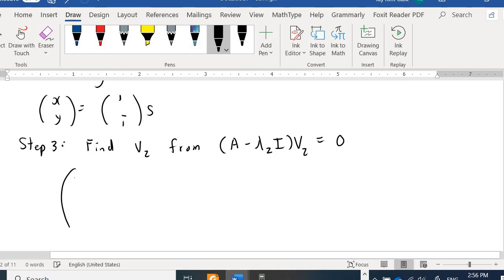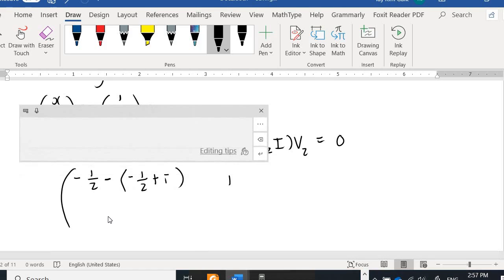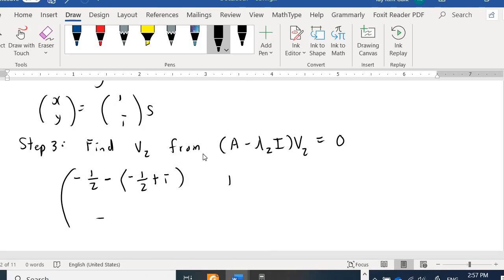So you have your A is negative half minus your lambda 2. What is lambda 2? Negative half plus i. And this is 1, and then this entry value is negative 1. So negative half minus lambda 2, which is negative half plus i.